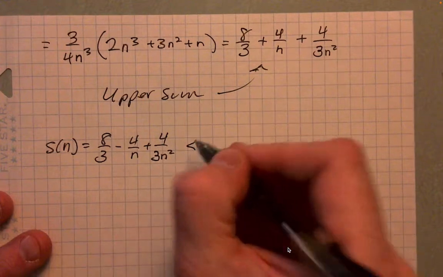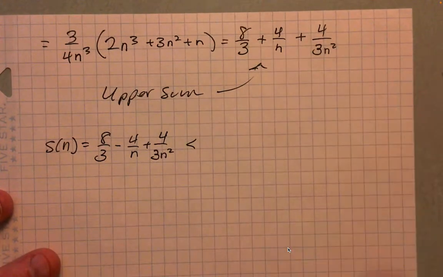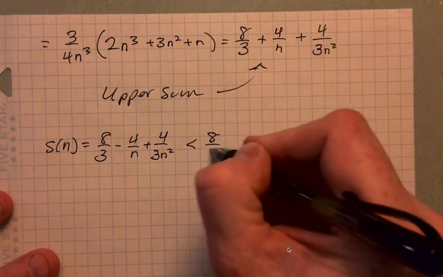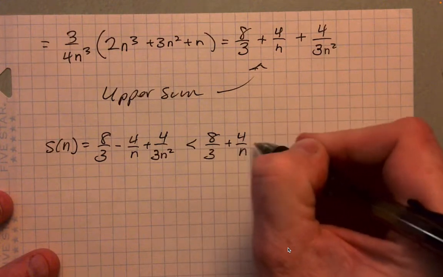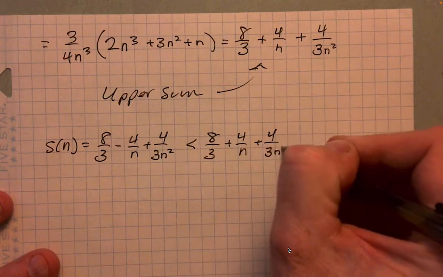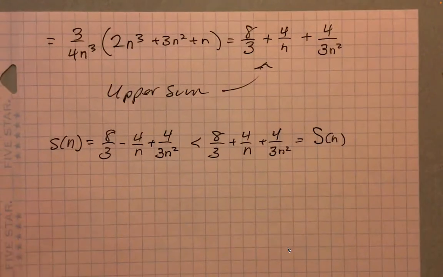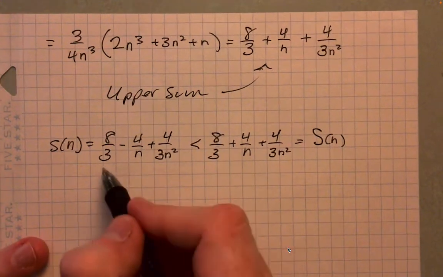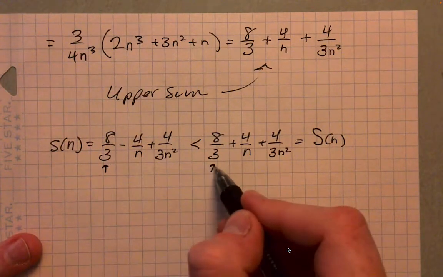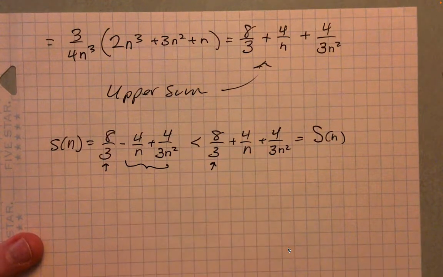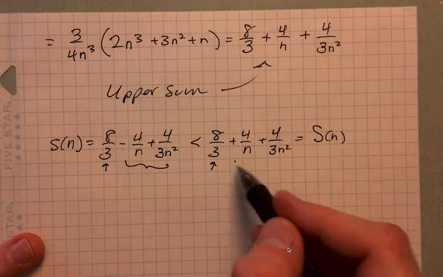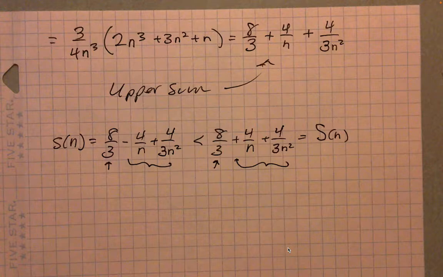And this is obviously going to be less than what we just calculated for this upper sum, which is 8/3 plus 4 over n plus 4 over 3n squared, which is big S of n. Okay, so that's good. Now, the really nice thing here is that you can see it's really just this 8/3 value minus something for the lower sum, and then plus something for the upper sum.